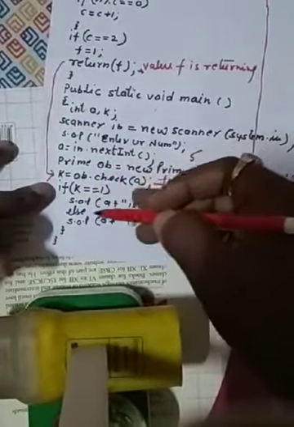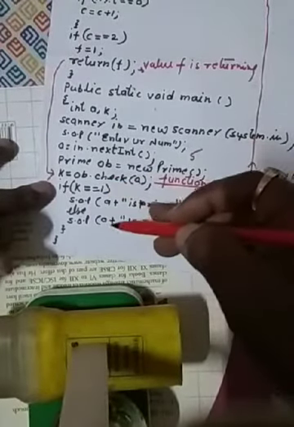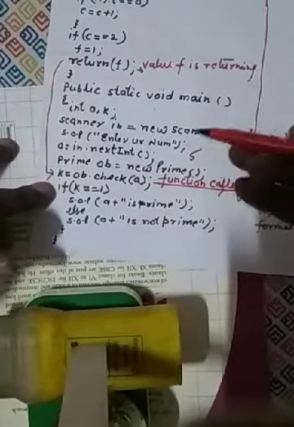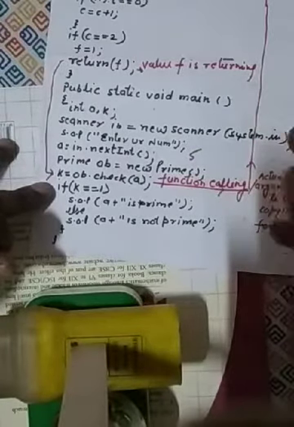If k is equal to 1, SOP a plus, it is a prime number. Else, if it is not 1, we will say it is not a prime number. Means if c is equal to 2, we say f = 1. So how do we identify whether it is a prime number or not? With the help of the counter. If it is divisible by 2 numbers only, then we say f = 1.